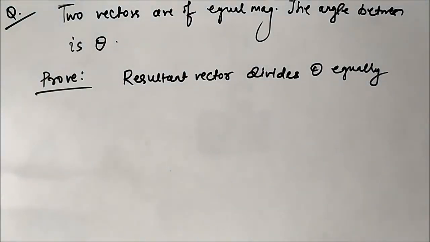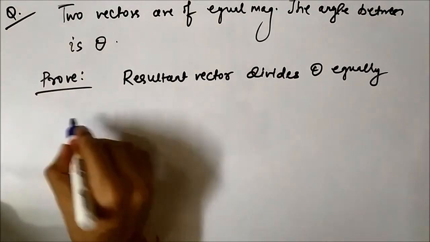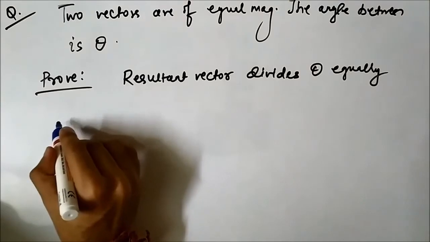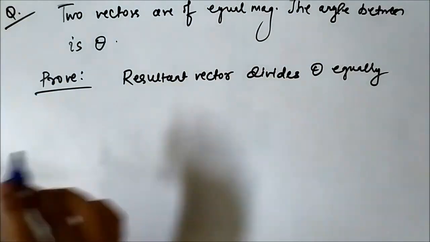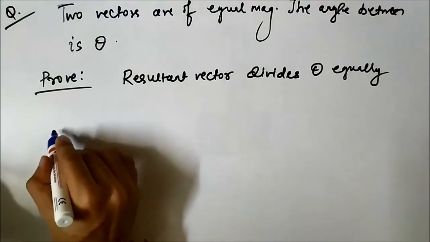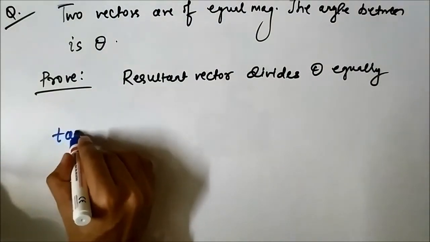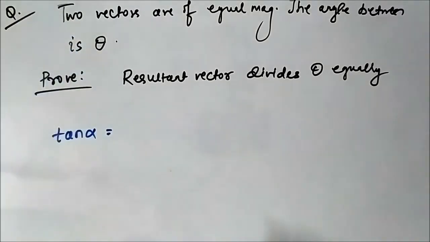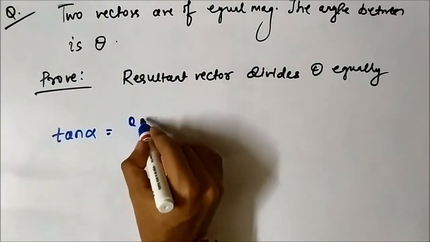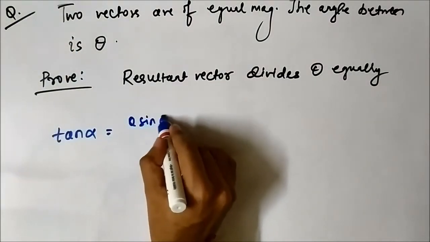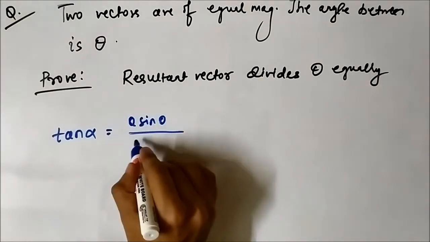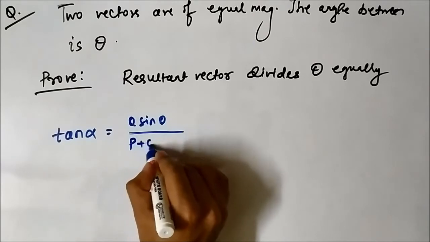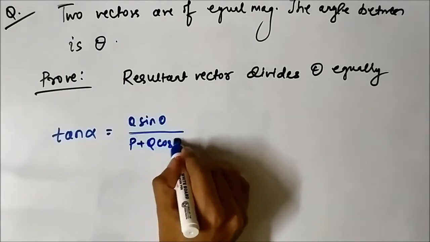According to that formula, tan alpha, the angle which the resultant makes with the horizontal axis or x-axis, is given by q sine theta by p plus q cos theta.